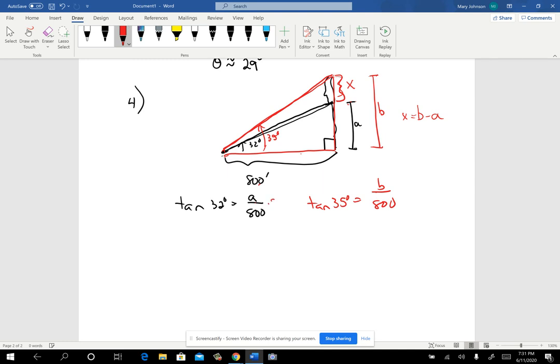So I'm going to multiply both sides by 800 on both of them. Okay. Knocks out the 800. And so I have that a will equal 800 tangent of 32 degrees, and little b will equal 800 tangent of 35 degrees.